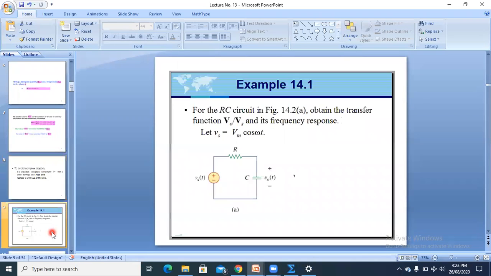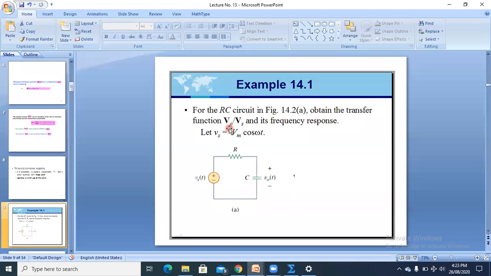Now we see an example. We have an RC circuit with the supply voltage and the output across the capacitor. What will be the voltage gain or the transfer function of the RC circuit?